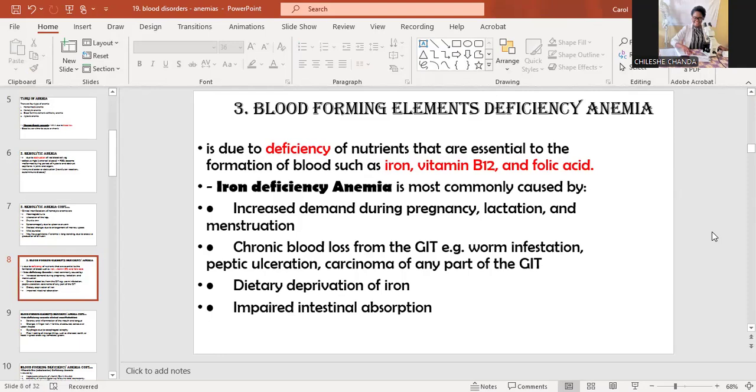So if the patient has had ulcers and they keep bleeding chronically from the GIT, you find that they still end up having blood forming elements deficiency anemia, because they don't have those elements that should be reused to form blood.